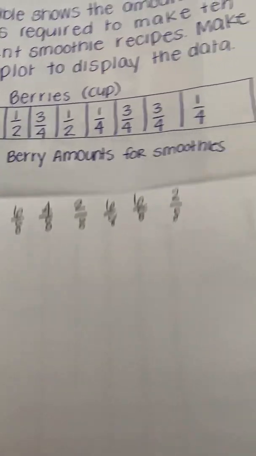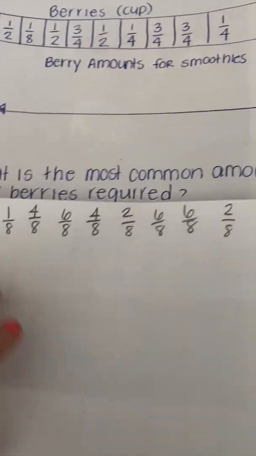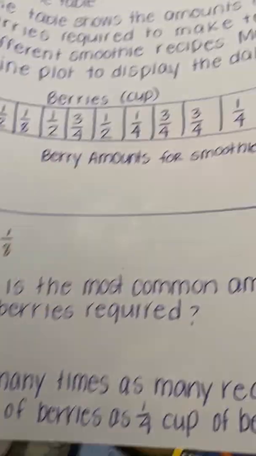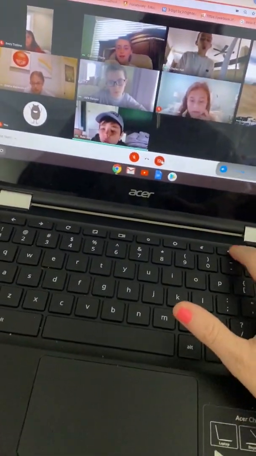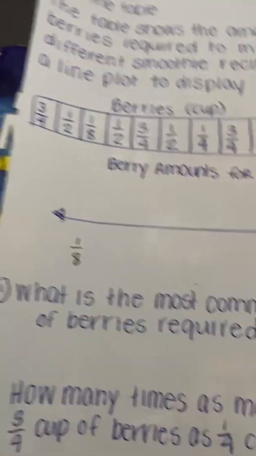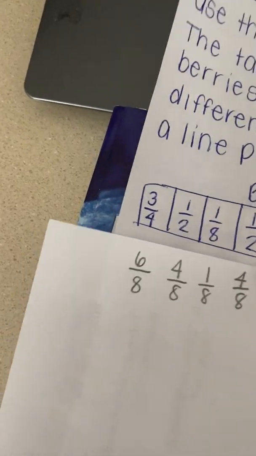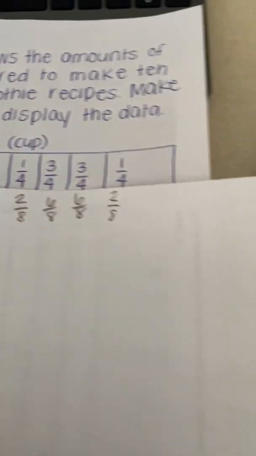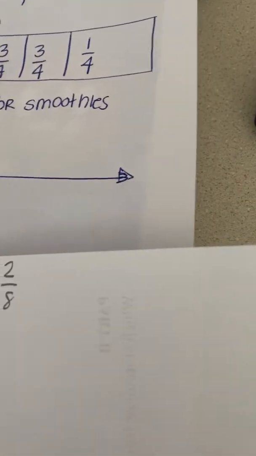Okay, so I'm going to write 1/8 here. My next smallest is going to be 2/8, which is 1/4, so I'm going to write 1/4 down here.